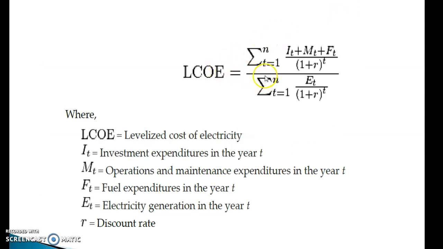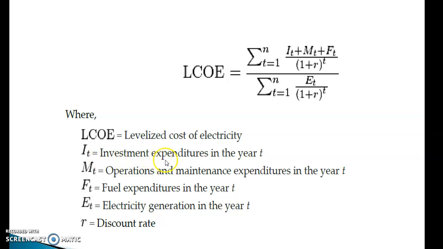LCOE is equal to the sum from t = 1 to n of (I_t + M_t + F_t) / (1 + r)^t, divided by the sum from t = 1 to n of E_t / (1 + r)^t. So LCOE is the levelized cost of energy.